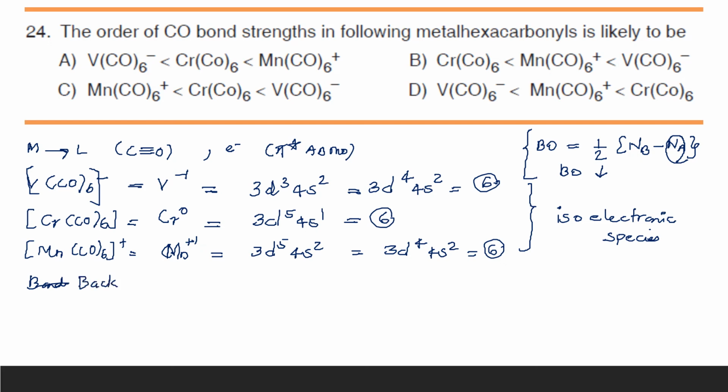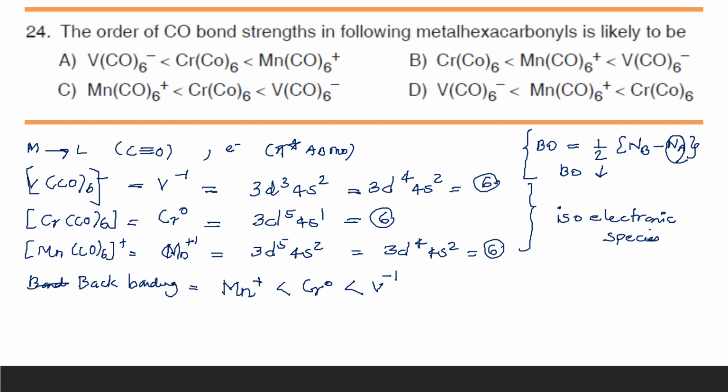For this complex, the one which is in higher oxidation state will have lower back bonding. That is, the manganese complex will definitely have the lowest back bonding, followed by chromium in zero oxidation state, and vanadium in the lowest oxidation state.